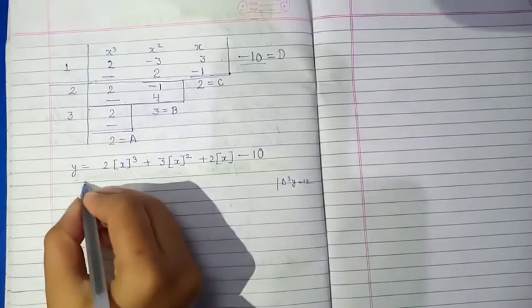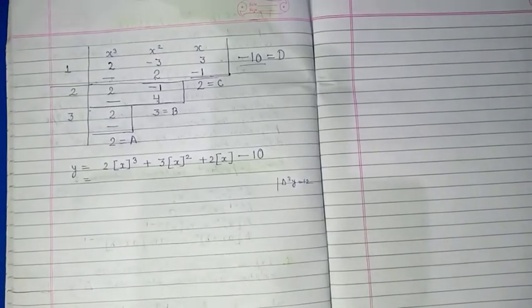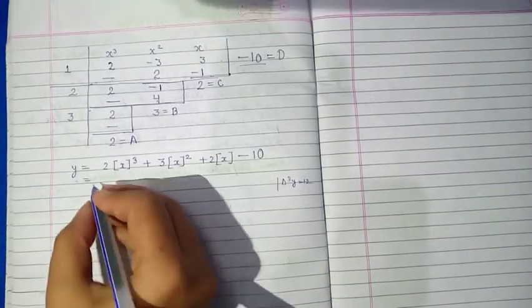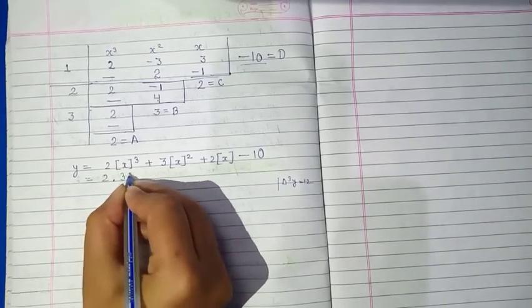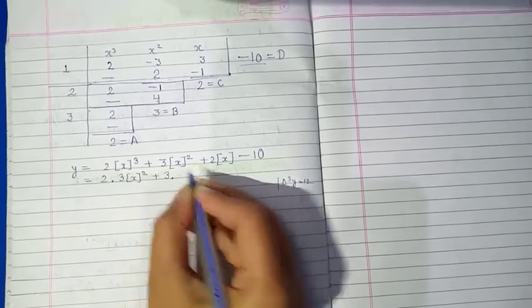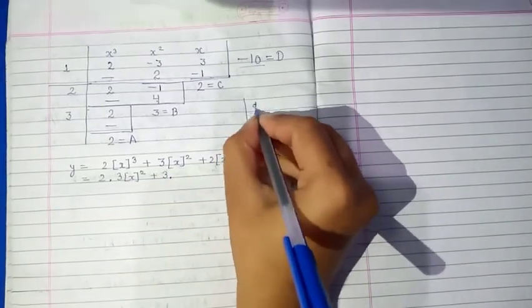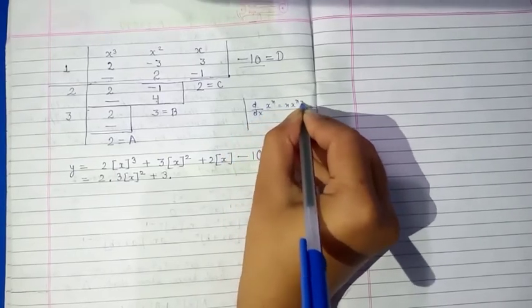So students, here if we do differentiation of this, then we will get 2x cube. Then you know the differentiation formula, d by dx of x to the power n is equal to n x to the power n minus 1.